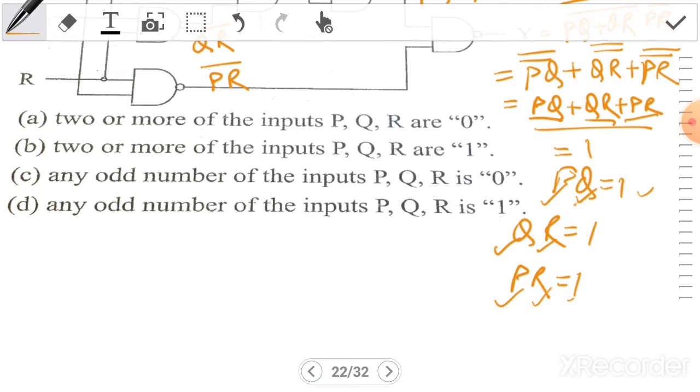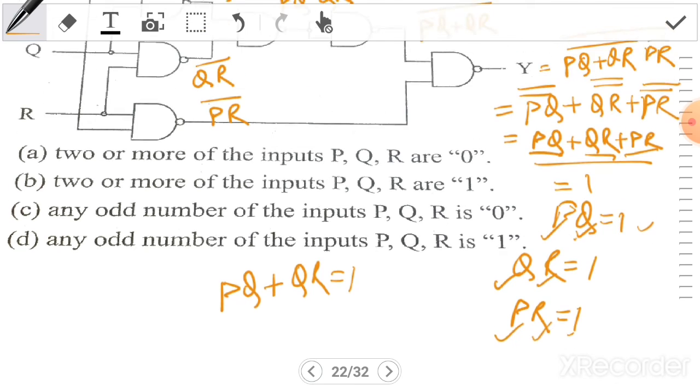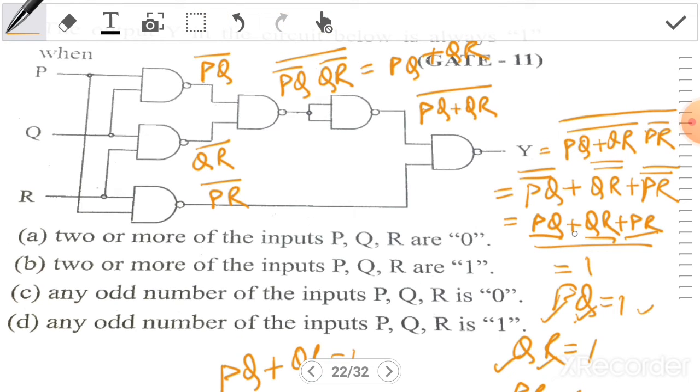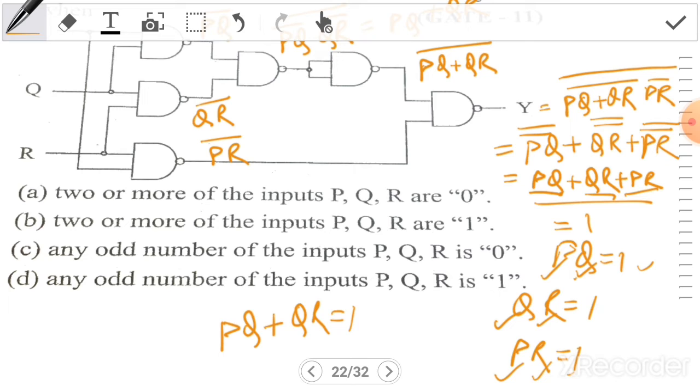We can have PQ as 1, or QR as 1, or PR as 1, or all of them are 1. So at least 2 inputs are 1. This output Y is 1 for at least 2 inputs as 1, meaning 2 or more of the inputs PQR are 1. So B is the answer.